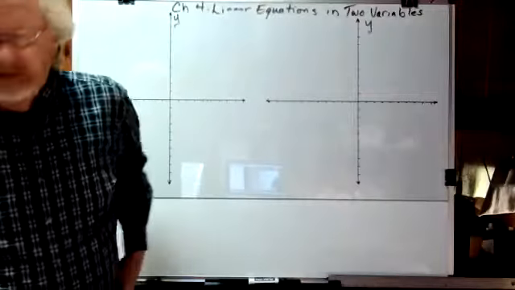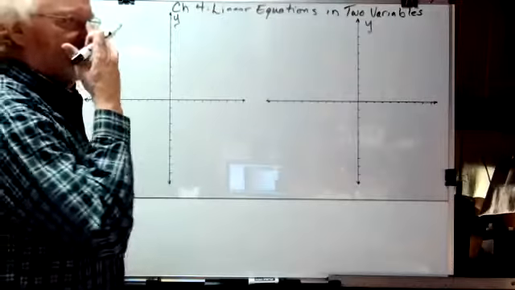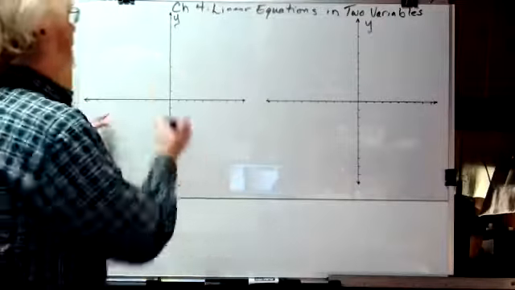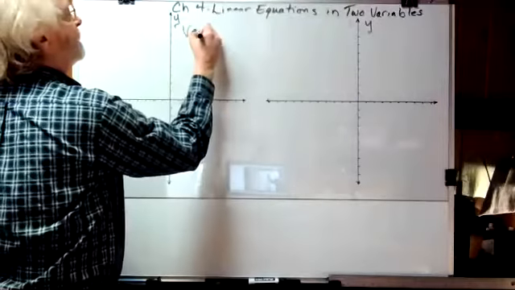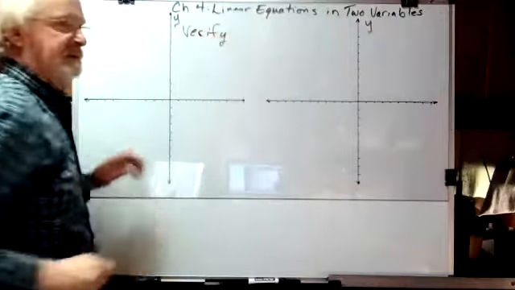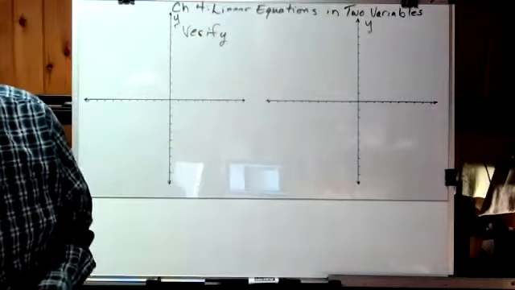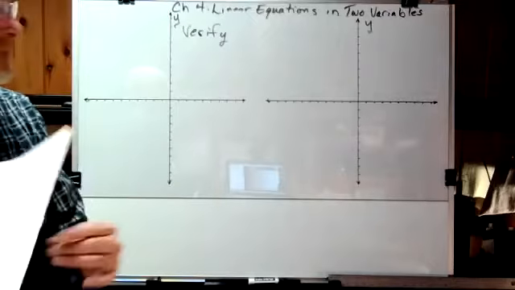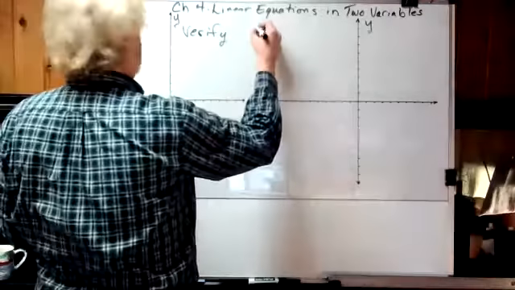Just like we did at the beginning of last chapter, or chapter 2, verify: is a certain ordered pair a solution to an equation? So let's say I've got this one.